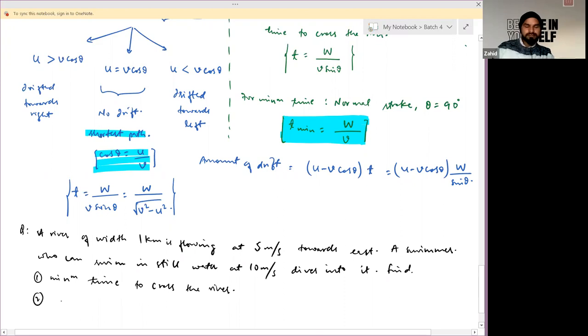Second, the angle of dive with respect to flow for the shortest path.